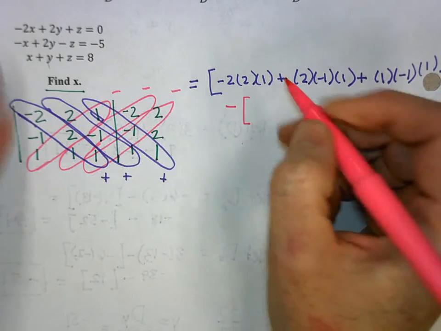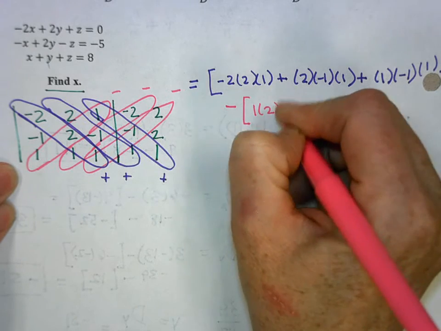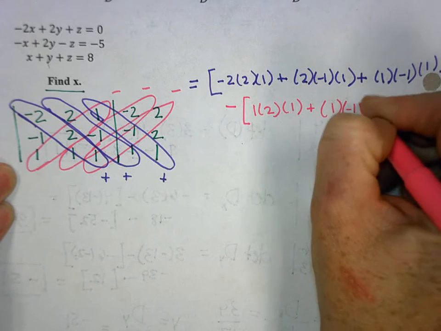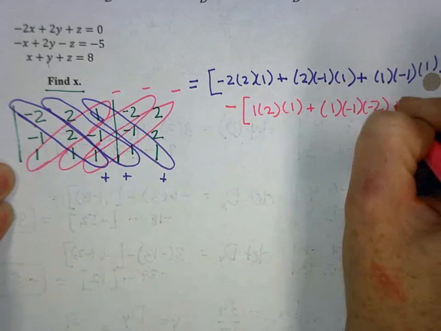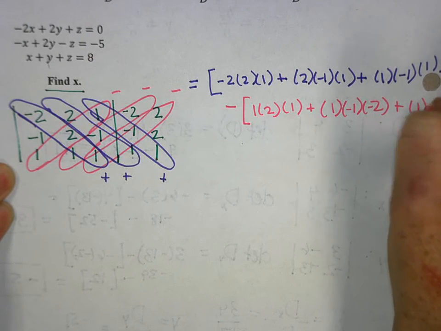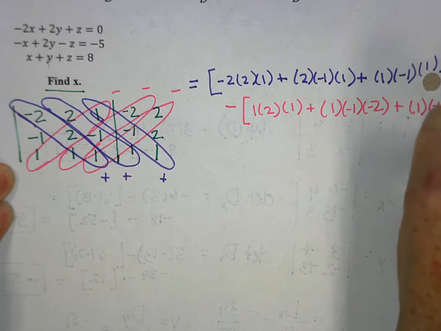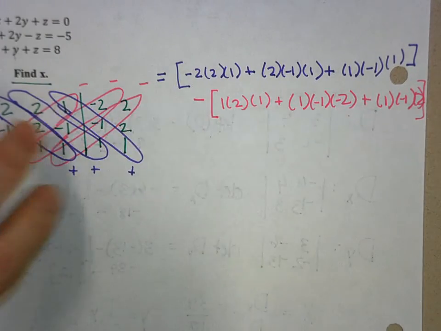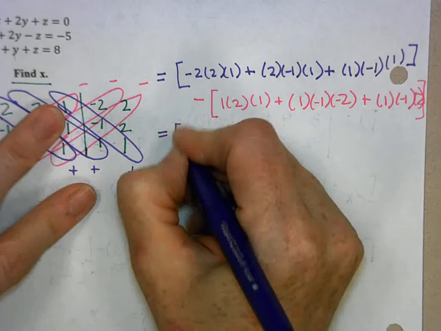So that is the positive side. From that number, I will subtract this: 1 times 2 times 1, plus 1 times negative 1 times negative 2, plus 1 times negative 1 times 2. All right, squishing it in there.